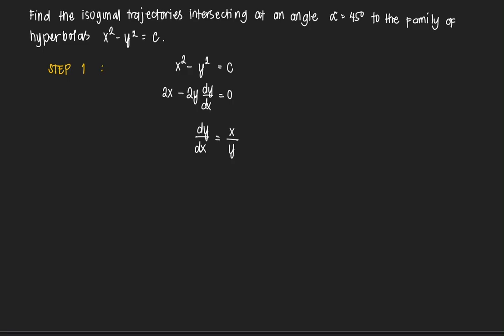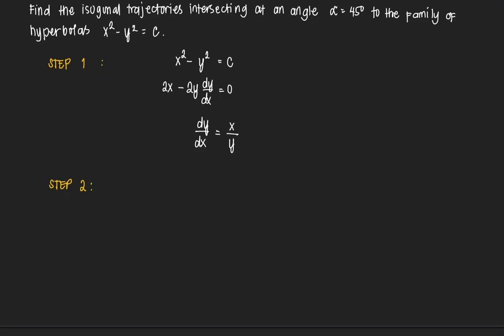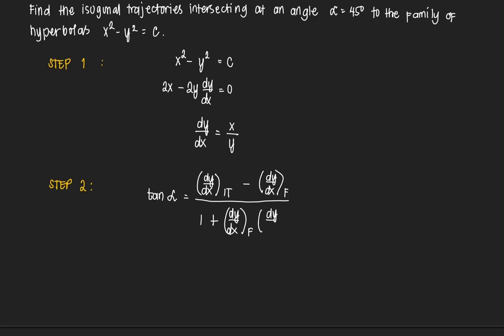After that, we are going to find the slope of the isogonal trajectory. So tangent of alpha equals dy/dx of the isogonal trajectory minus dy/dx of the family over 1 plus dy/dx of the family times dy/dx of the isogonal trajectory.